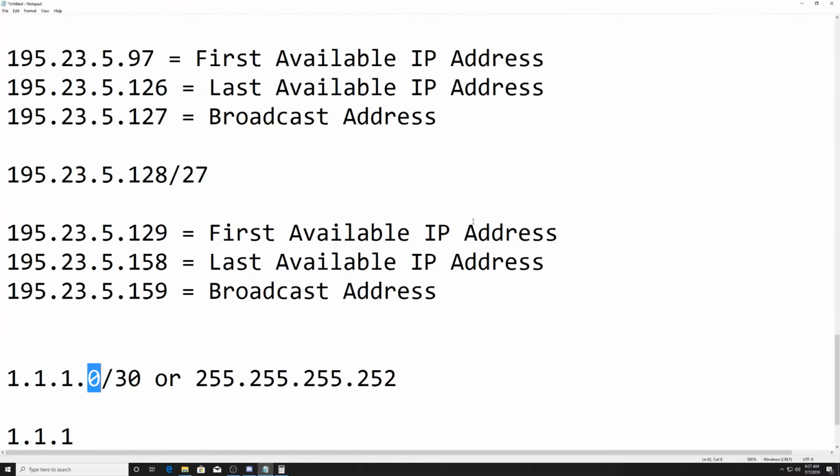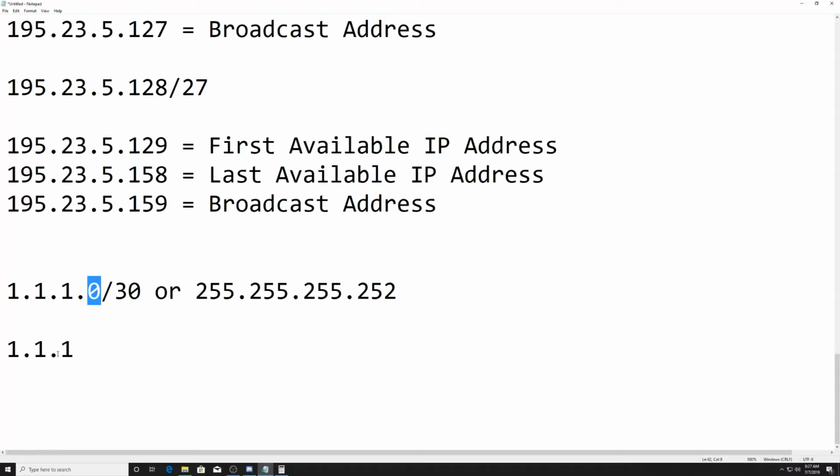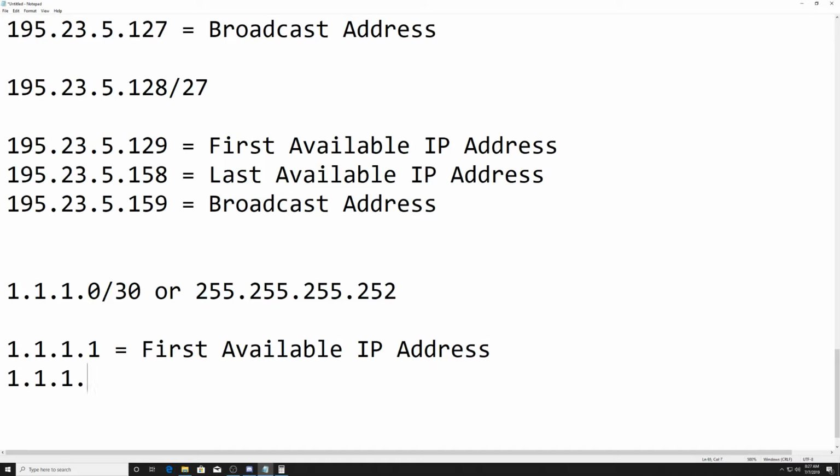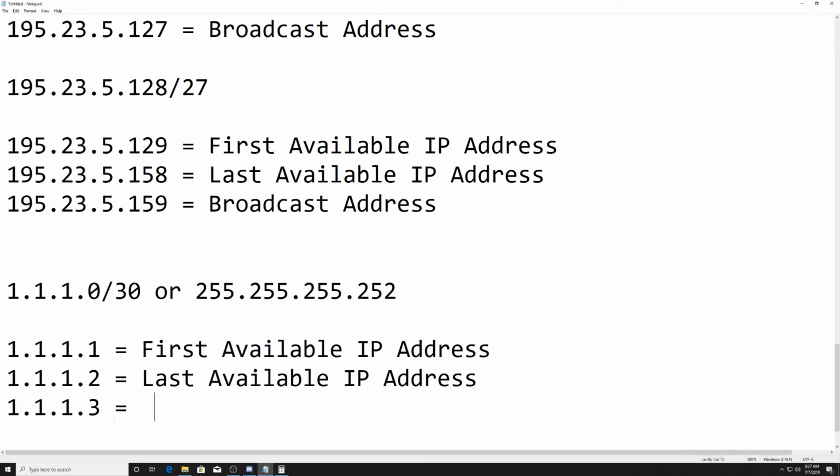But anyways, excuse me, sorry about that. So the first available IP address you will be able to use is 1.1.1.1, which equals the first available IP address. 1.1.1.2 equals the last available IP address. 1.1.1.3 equals the broadcast.